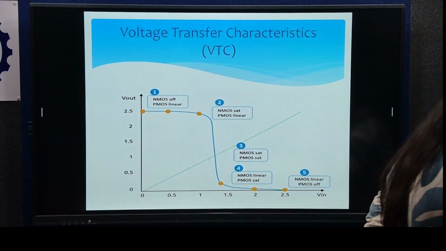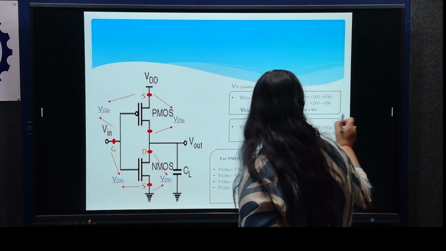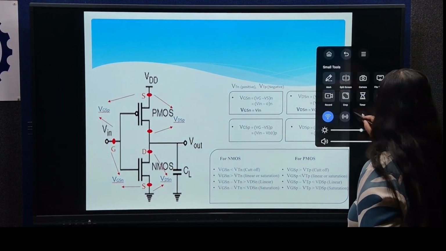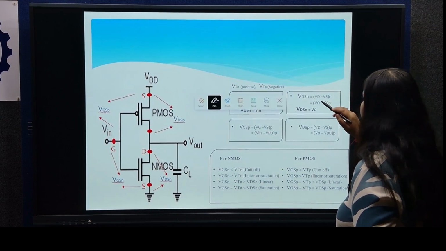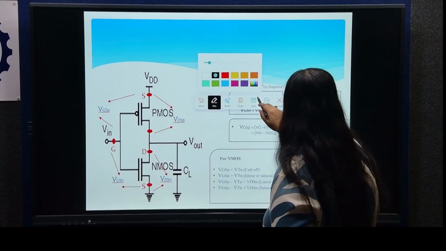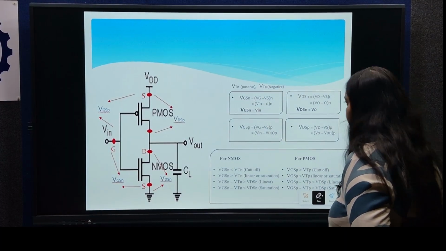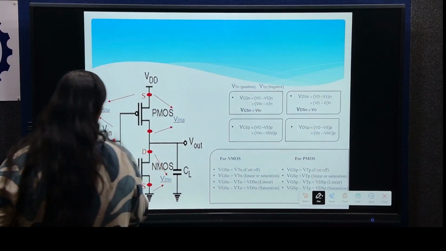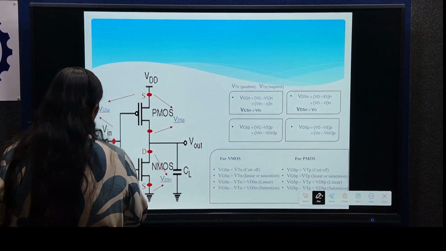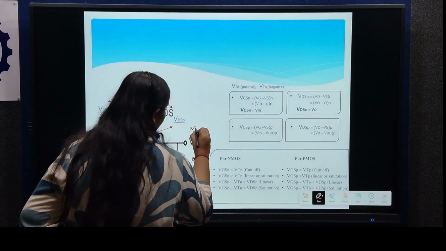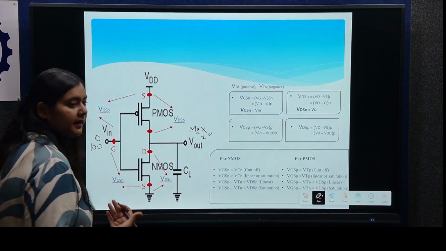We have already discussed it, right? If we give input 0 or low, we will get the maximum output, logic 1.